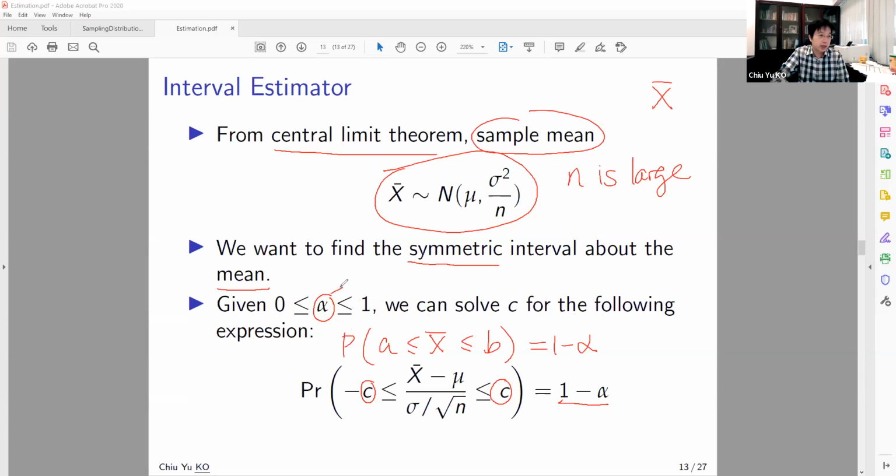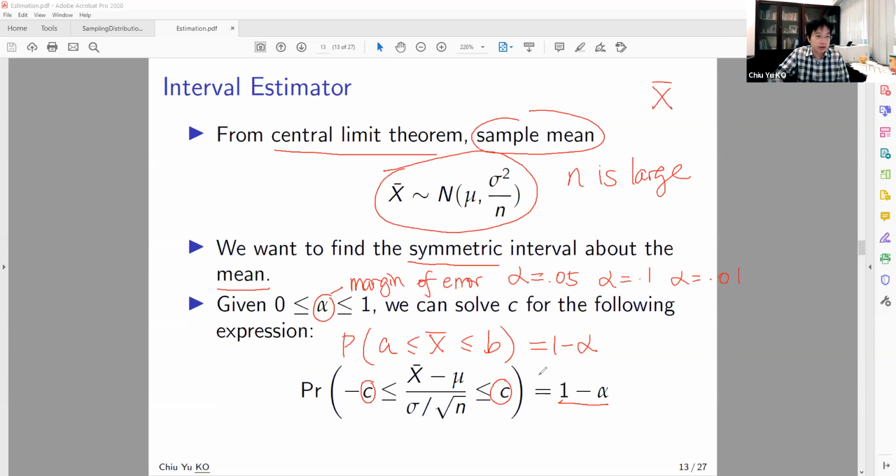Usually you want alpha to be a small number. For our purpose, you can imagine alpha is the margin of error, and we want it as small as possible. Usually alpha will be 0.05, or 0.1, or 0.01, some small number.